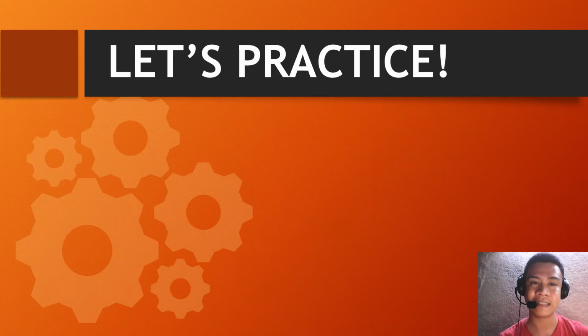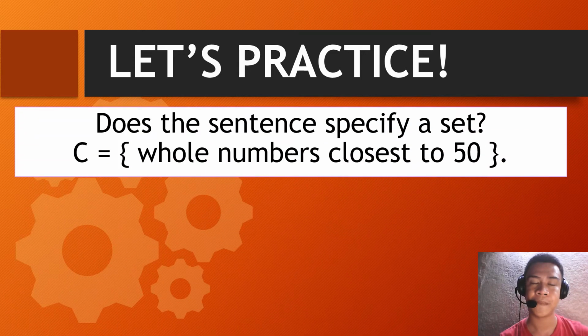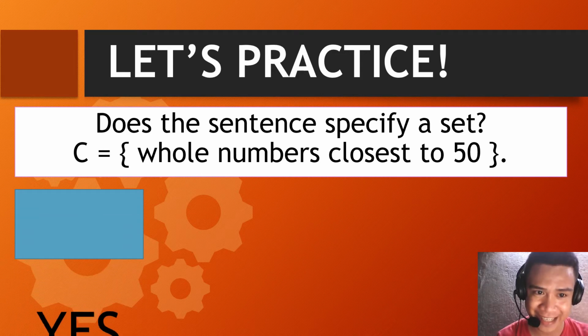Next, does the sentence specify a set? C is equal to whole numbers closest to 50. Does the sentence specify a set? Go. What is your answer? The answer is yes.